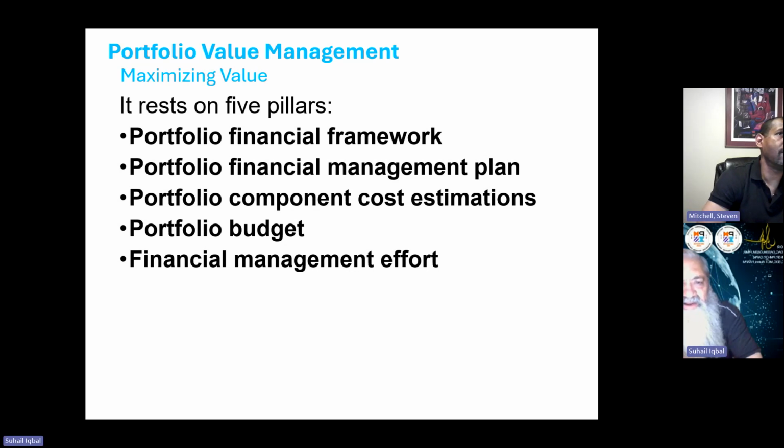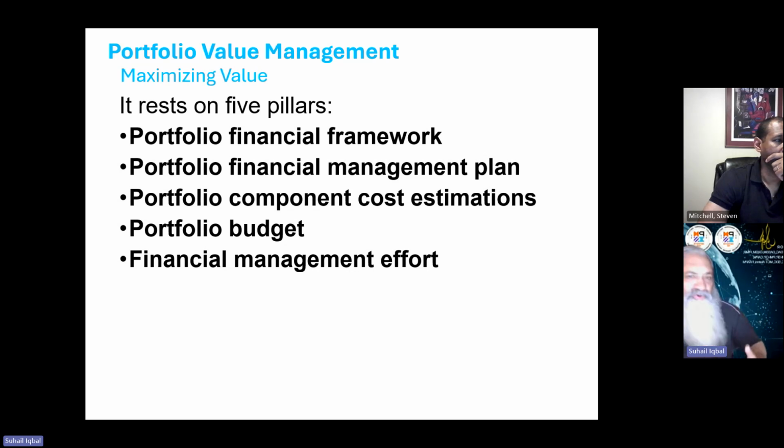Before we start creating a financial management plan, with strategic people, we sit down and try to form a financial framework, a structure. Remember we had a governance structure, right? So we are trying to create a financial framework, and it is like a governance requirement from the financial side.